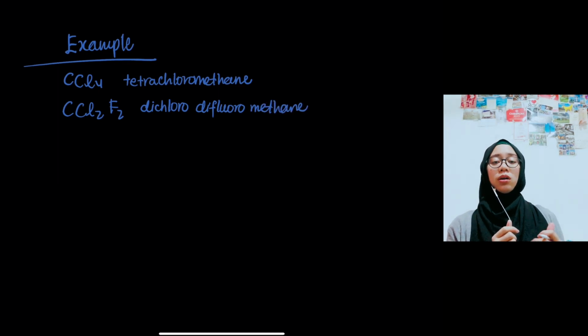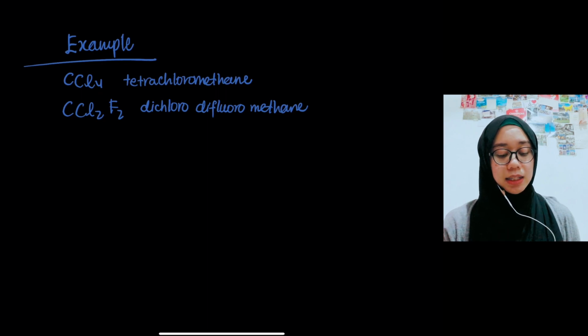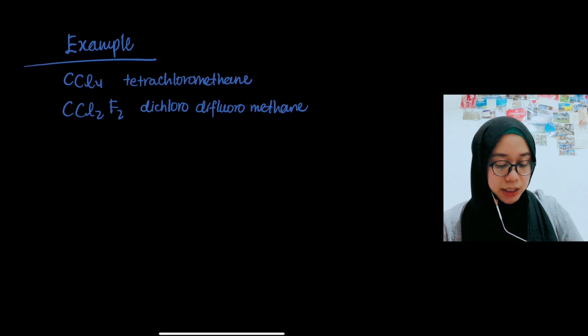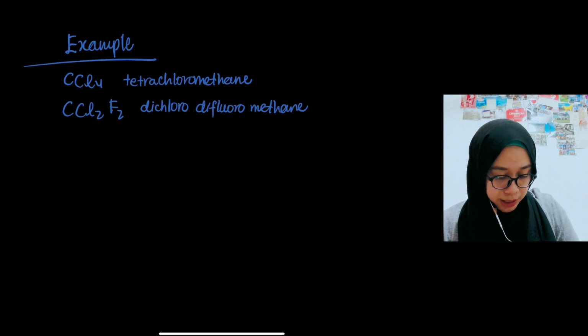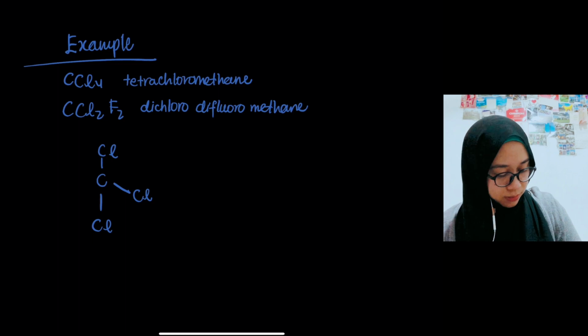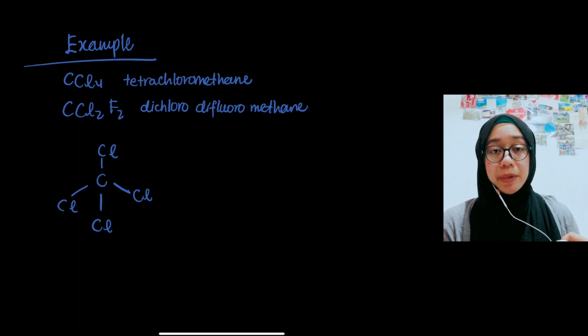Bila kita tengok ni, bond yang ada antara semua yang ada dekat sini, dia adalah non-polar bond. So kalau Miss lukis structure dia, untuk CCl4, kita akan dapat tentukan yang shape dia adalah tetrahedral.